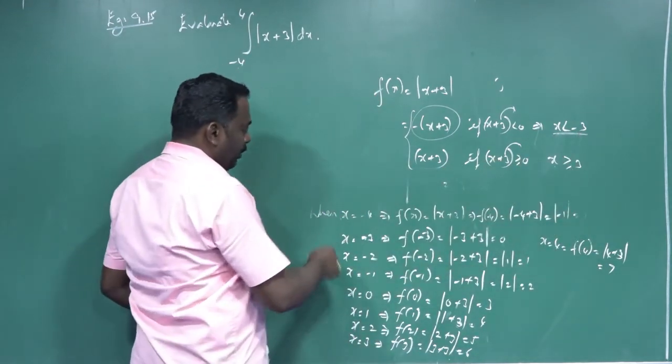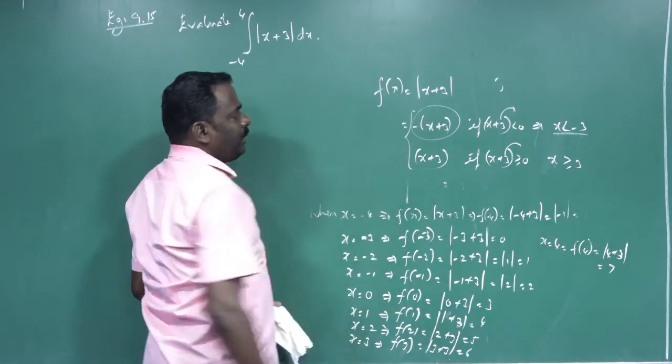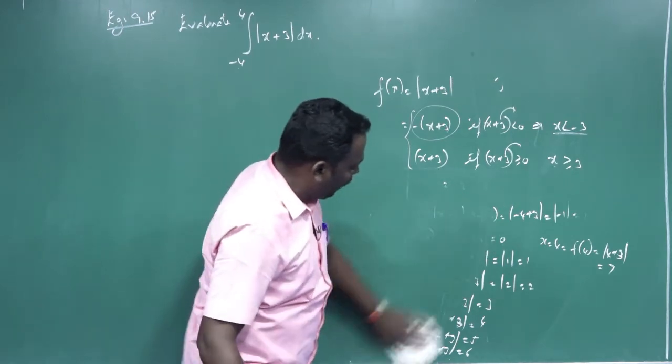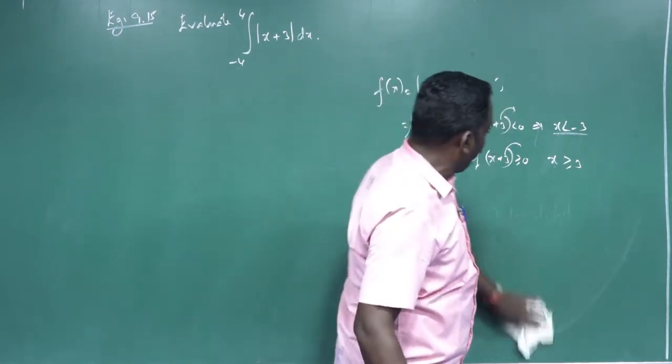Now I find out the value either by the graphical method or by applying the modulus method. Therefore, our limit is from minus 4 to plus 4.